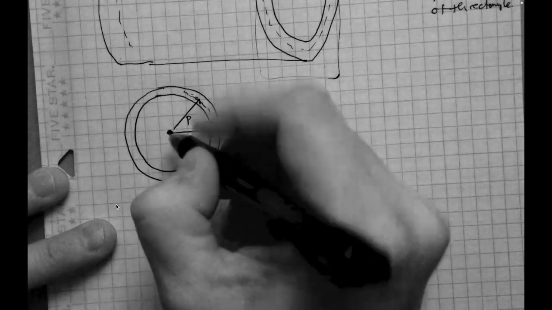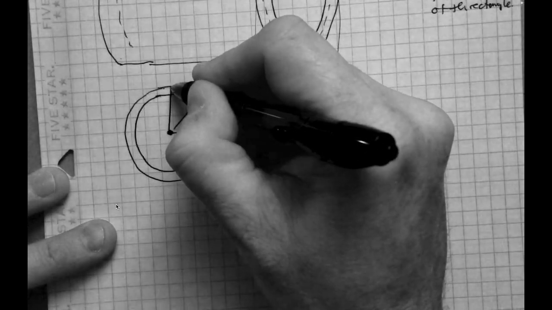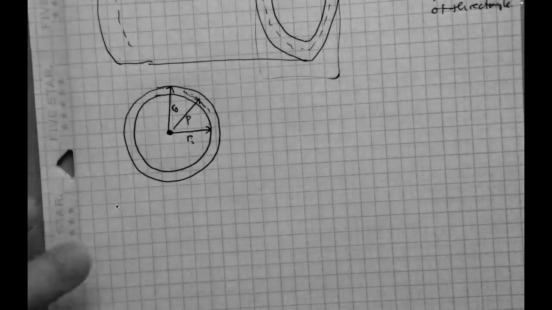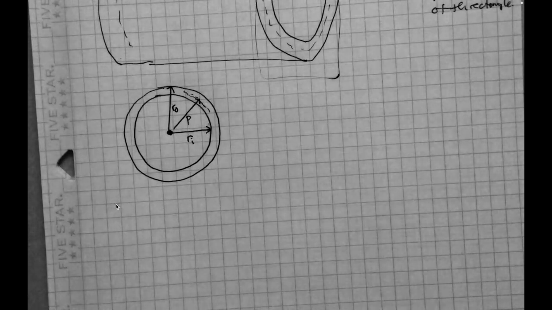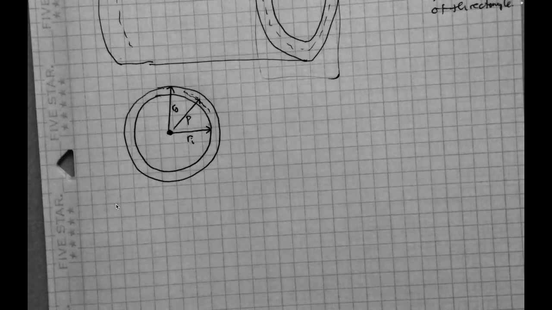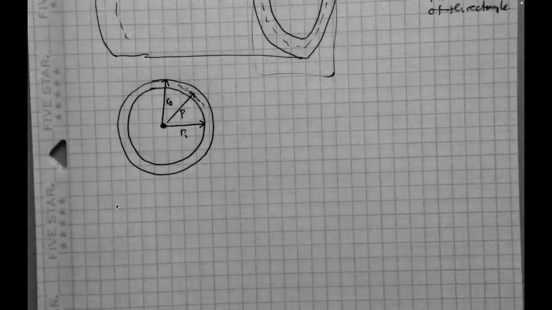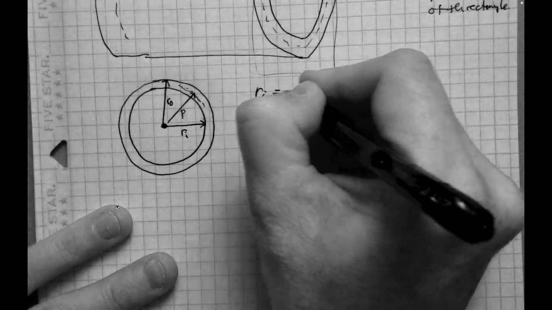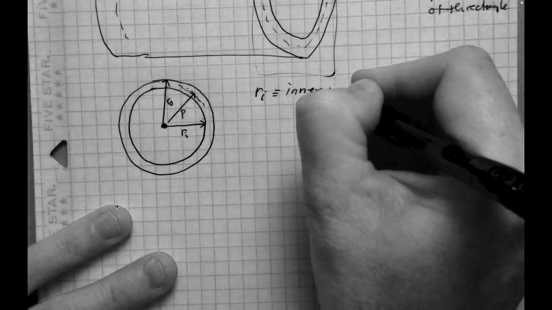And then we can also define the outer radius. We'll just call that r_o. That's the outer radius, and that's, of course, the distance from the center, i.e. the axis of revolution, to the outer edge of the rectangle. So you've got two pieces here. You've got r_i, which is the inner radius.